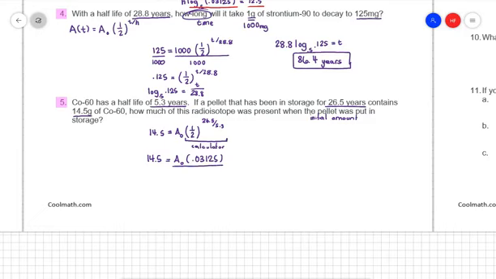And then to get my initial amount by itself, I'll divide out that decimal. We get 464 as A naught, and our unit would be grams. So there are 464 grams of Co-60 when they initially put the pellet in the storage.